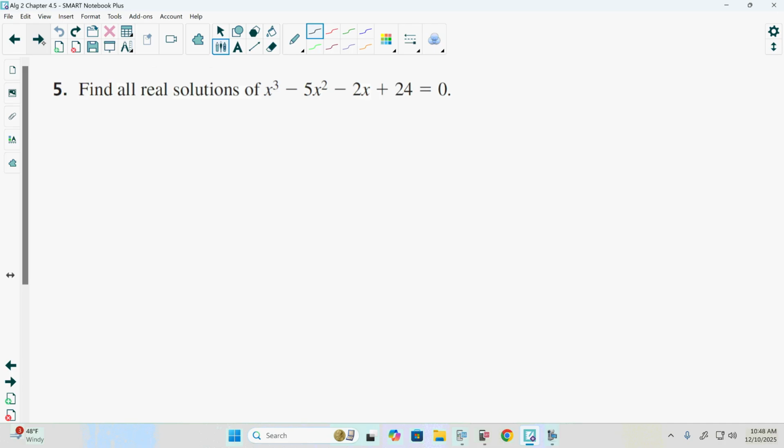Our goal is to get, or at minimum, we need n minus 2 solutions where n is the degree. So if we look at this problem here, the degree is 3, so 3 minus 2. If we can get at least 1, we can get it down to a quadratic using synthetic division, then use the quadratic formula, completing the square, or different methods for quadratics. The next best is if we get 2 solutions.